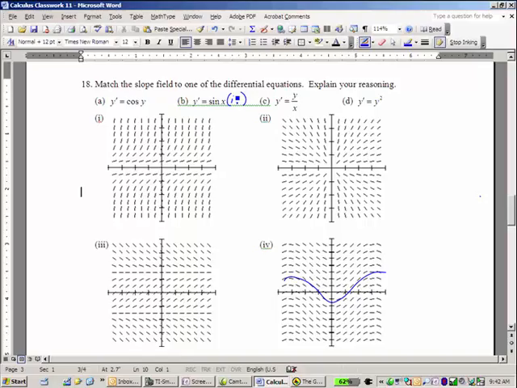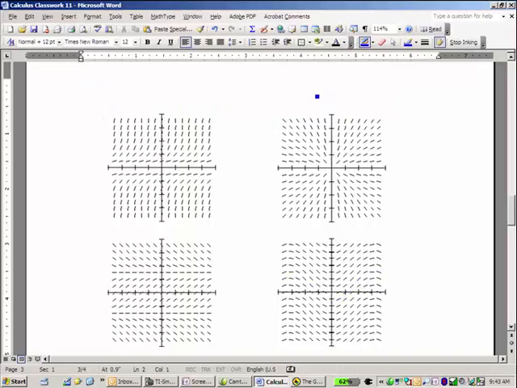For C, you can use the same logic as we did for the other one. In the first quadrant, it's always going to be positive. In the second quadrant, negative. So we're going to go positive, negative, positive, negative. Is that going to match with 2? I think so.